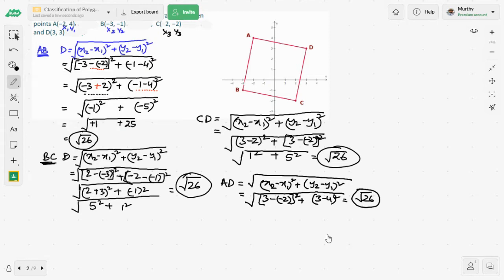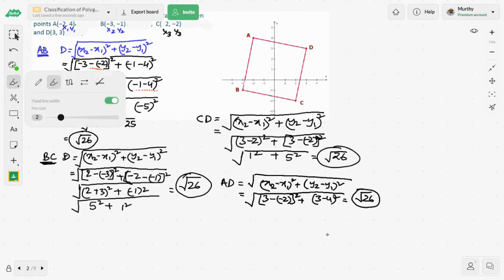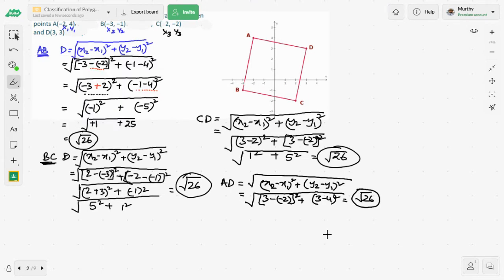Well, so here you see that all the four sides are there. We got a square root of 26. So this is square root of 26, and the length of BC is also square root of 26, and this is also square root of 26, which is CD, and AD, that is square root of 26.